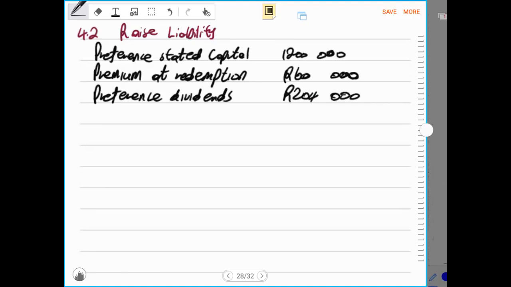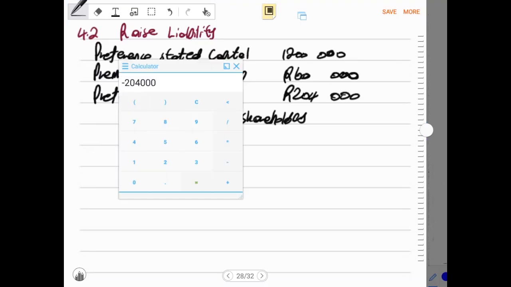Then after now, I will have to raise a liability. When we have to raise a liability, I credit my preference shareholder. My preference shareholder will be the total of these amounts, which is 204,000 plus 60,000 plus 1,200,000.